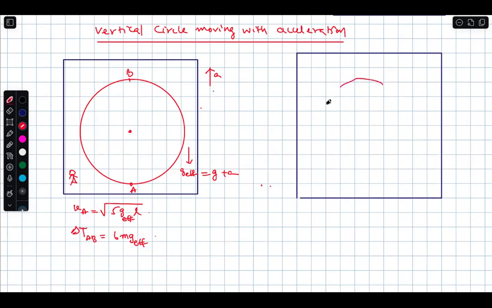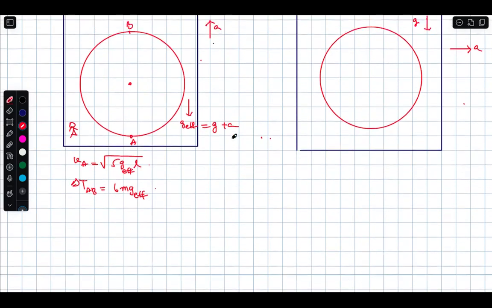Now you take another case. The problem with this frame is, this is g undoubtedly, and you are moving with an acceleration A. Got the point? So with respect to an observer in this frame, relatively, this is A and this is g.